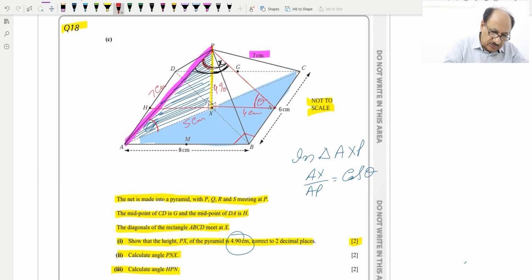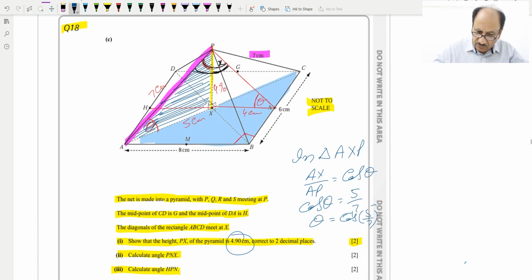So we can write cos theta is equal to AX is 5 and AP is 7. So theta will be equal to cos inverse of 5 over 7.